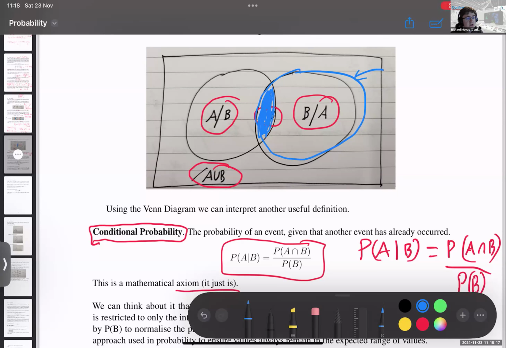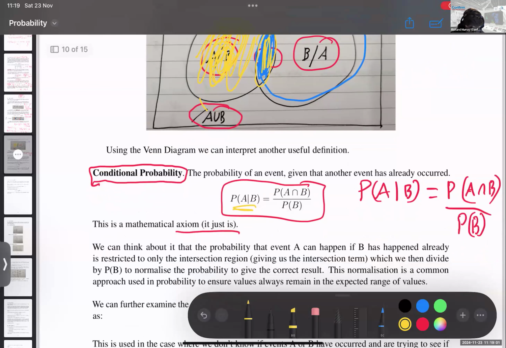So that's where it comes from in terms of intuitive, that this is B, which gives us the probability of B. And if we're in that part of the Venn diagram, then we don't care too much about this outer part of A. We cannot be over there because for B to occur, we can't be in the part of the A that excludes B. So we know that the probability of A given B is given by this overlap region divided by the probability of B.